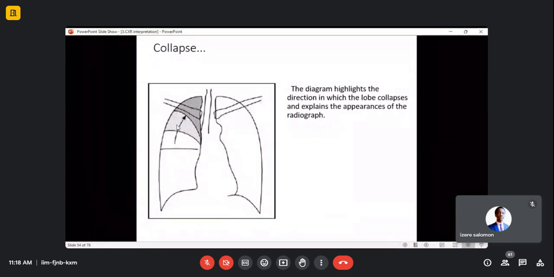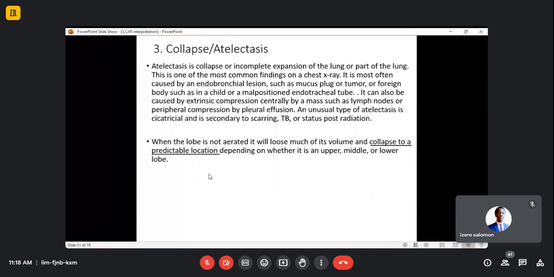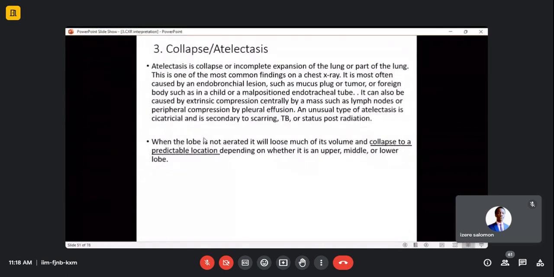So I told you there is a sentence you didn't catch. Look, I said here, when the lobe is not aerated, it will lose much of its volume and collapse to a predictable location depending on whether it is an upper, middle, or lower lobe.